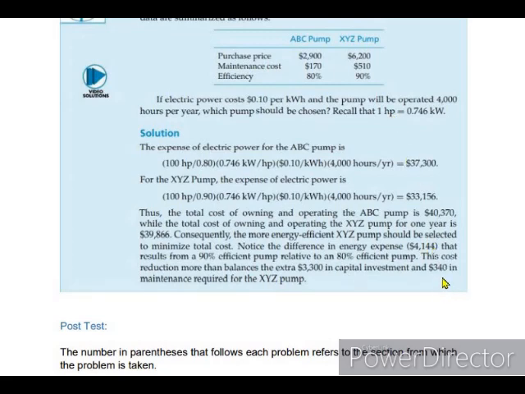We get $340 by subtracting 170 from 510. All this cost will be offset by the higher savings. So the decision here is to choose the XYZ pump.